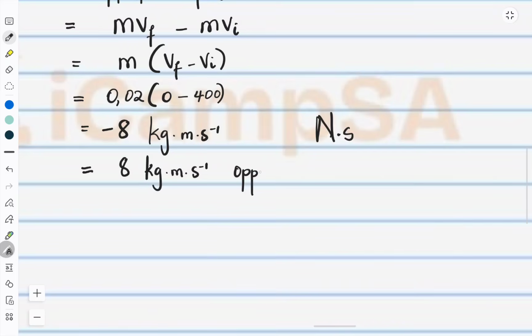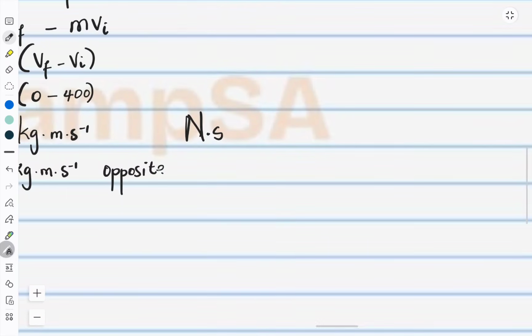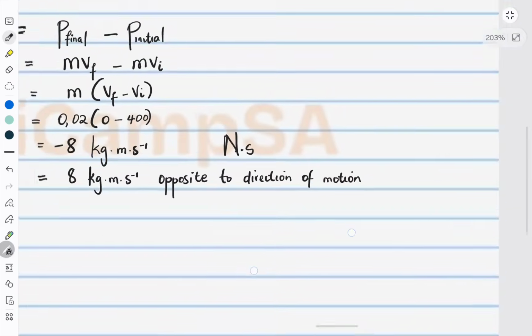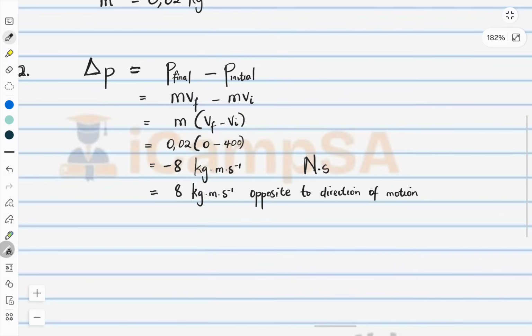Opposite. Let me say opposite. They didn't tell us the direction. So that's what I can say when it comes to direction. Impulse is a vector, so you must include direction.